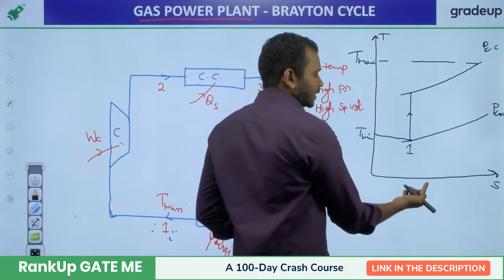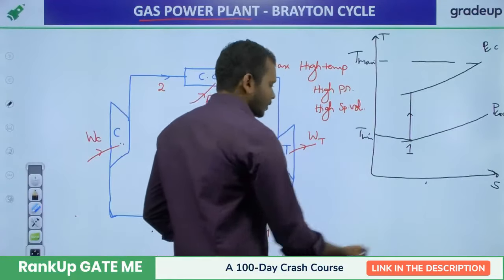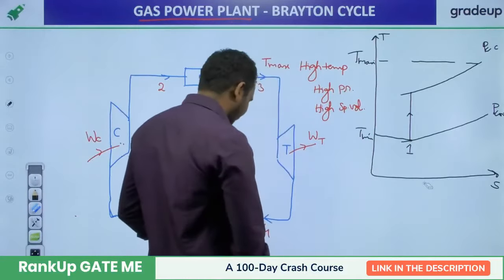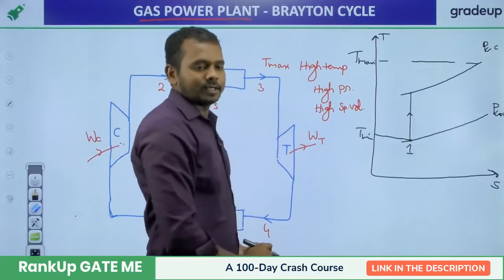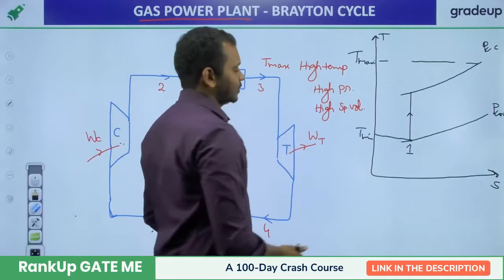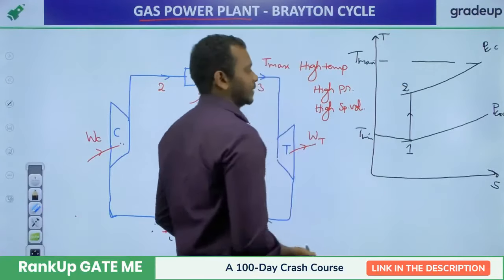As we have entropy on x-axis, isentropic is nothing but constant entropy process. So for constant entropy process, we see a vertical line on TS coordinates, and it leaves at the combustion chamber pressure.